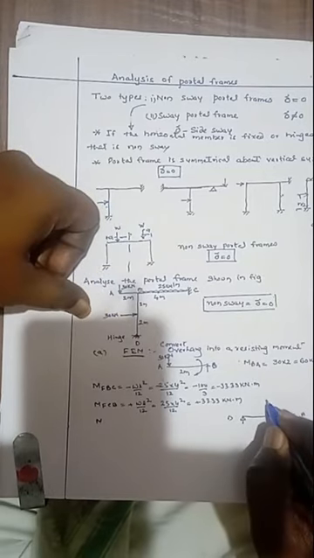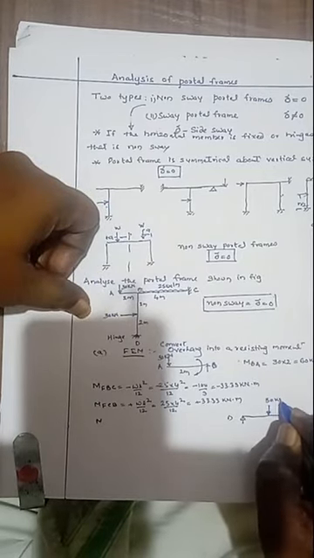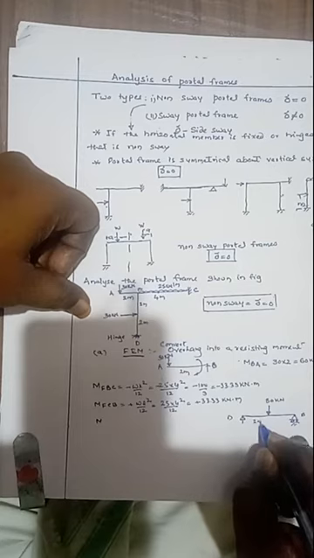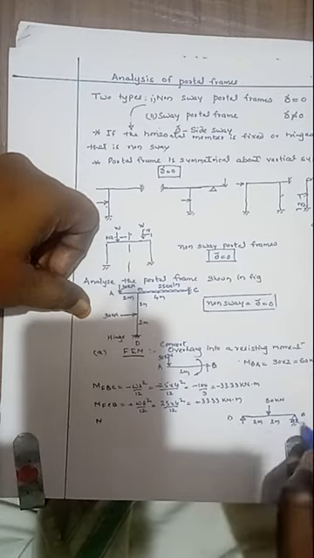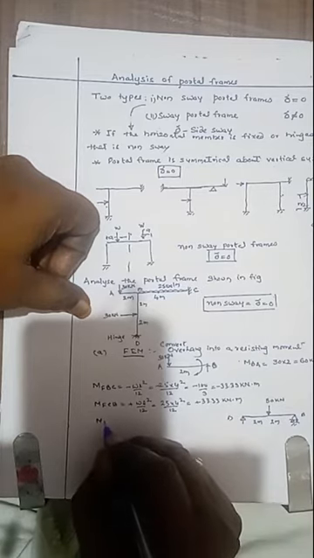You can imagine this as a beam subjected to a point load of 30 kilonewton at the center. Then calculate the fixed end moment by considering D and B as the fixed ends.